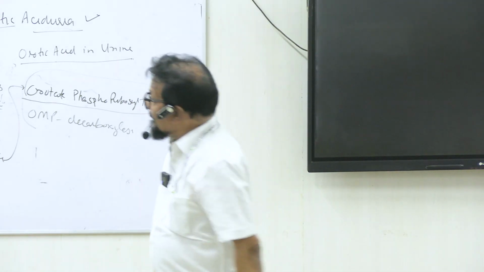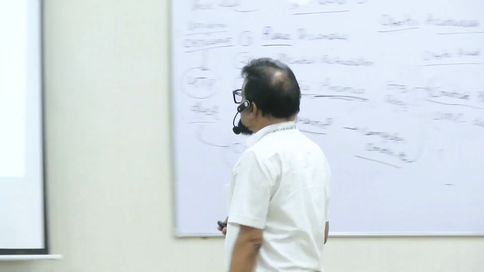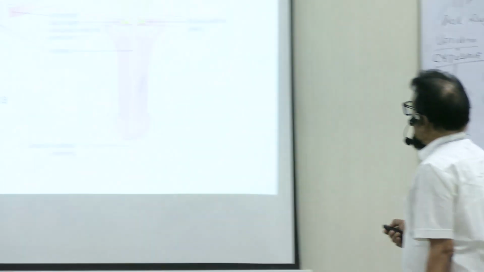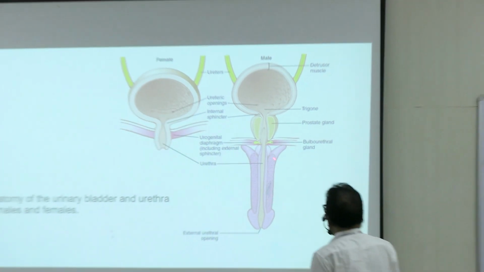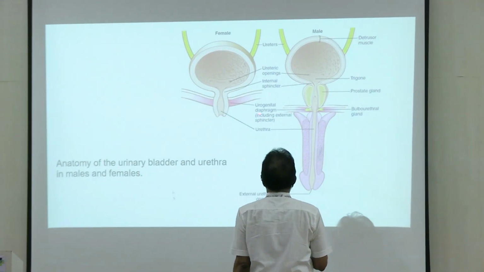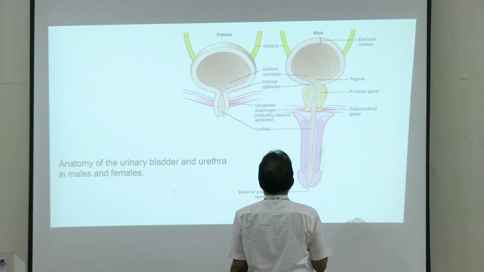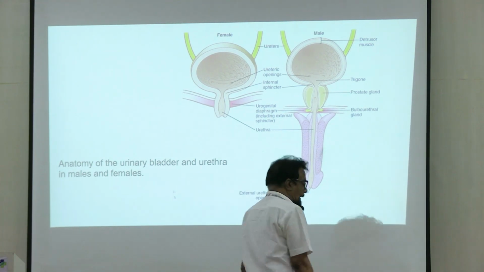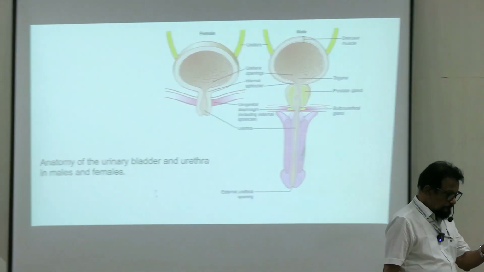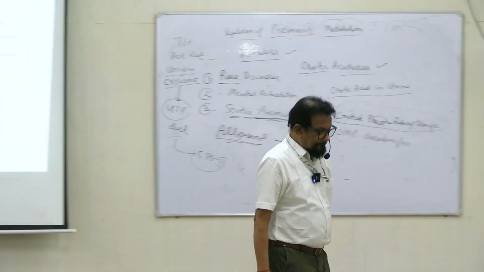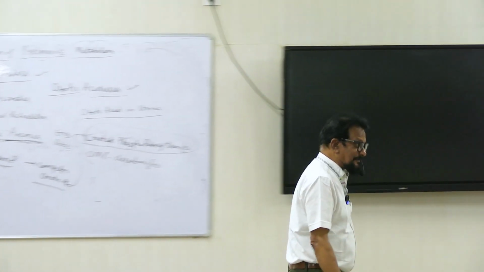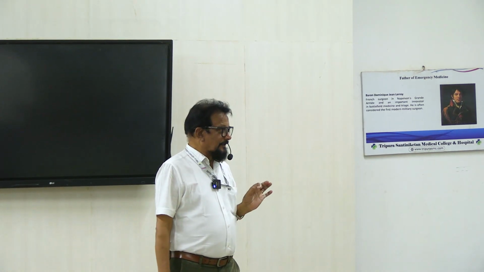Okay, and this part, the external sphincter, is not controlled by the sympathetic or parasympathetic nervous system. It is controlled by the somatic nervous system.